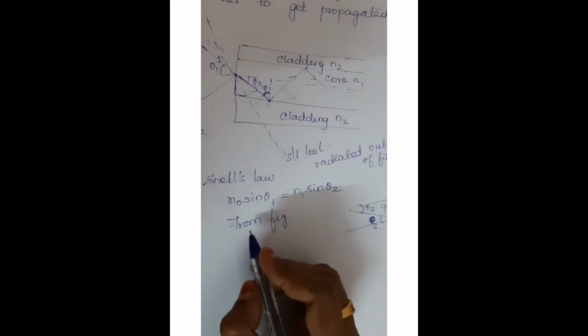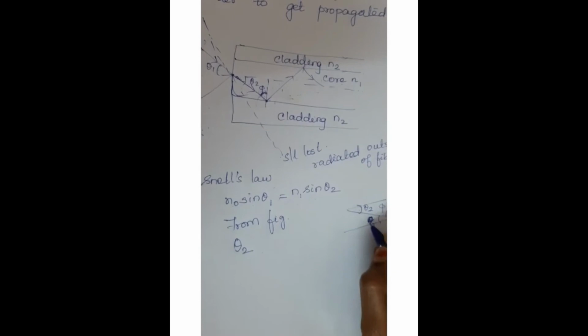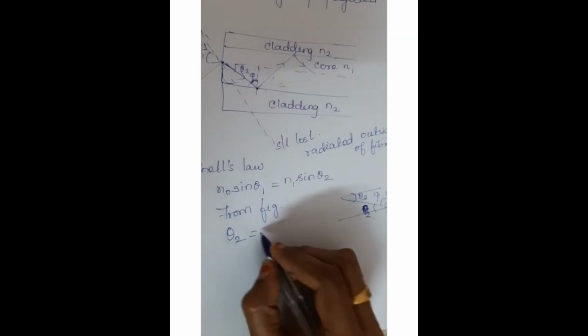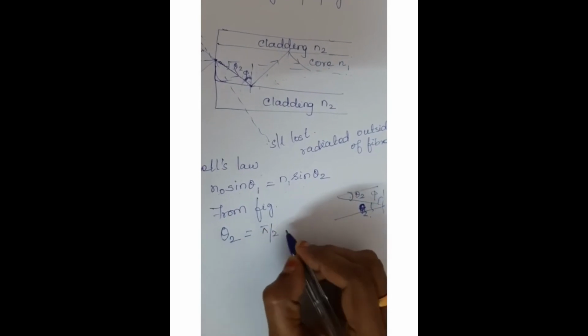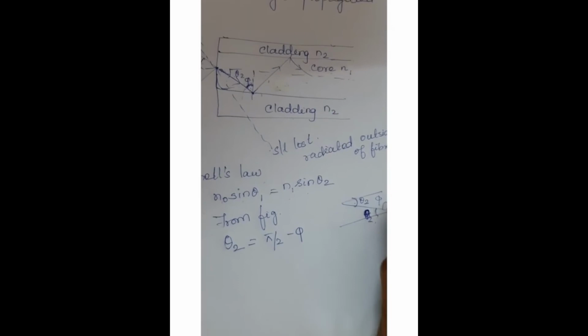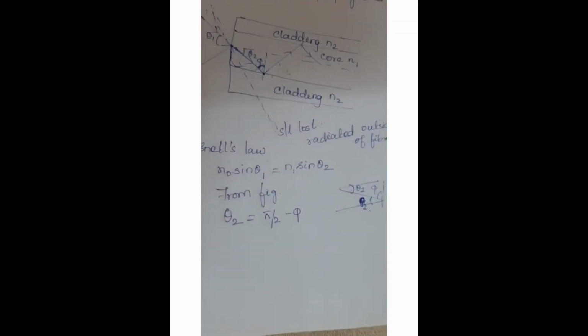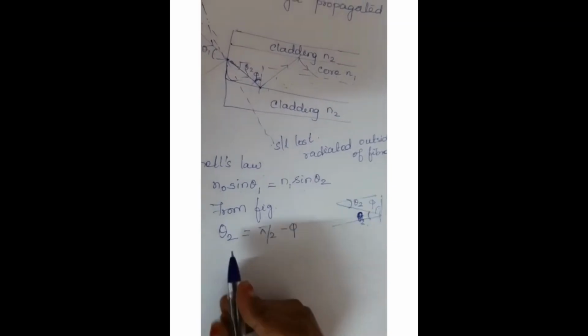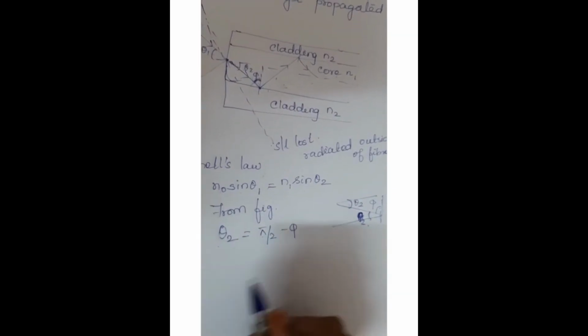Now from the figure you can write theta 2 is equal to pi by 2, that is 90 degrees minus phi. This angle is the critical angle, 90 degrees minus this phi value. So theta 2 is equal to 90 minus phi.